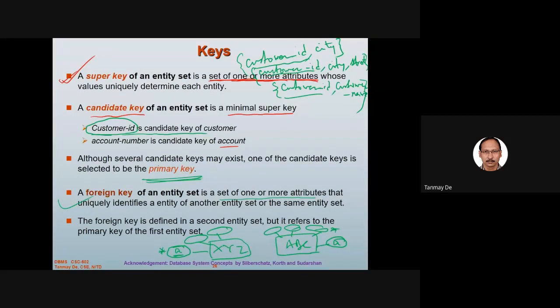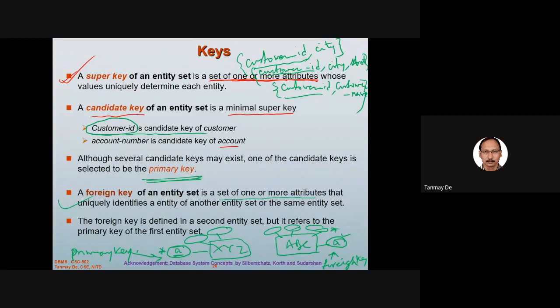At that time this is called a foreign key. In that case, this is the primary key, and this is the foreign key.